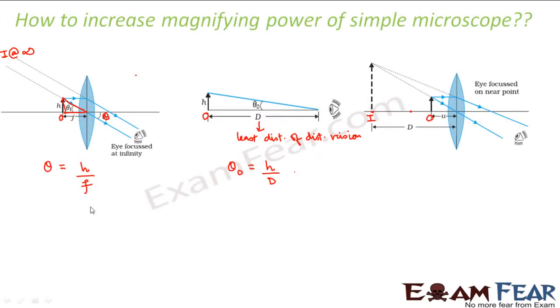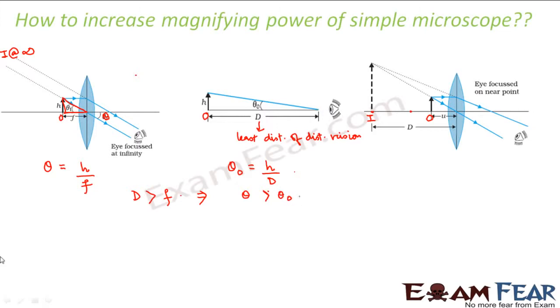So now let us talk about magnification. Considering this scenario, we see that D is greater than f. If D is greater than f, this would imply that theta is greater than theta naught.